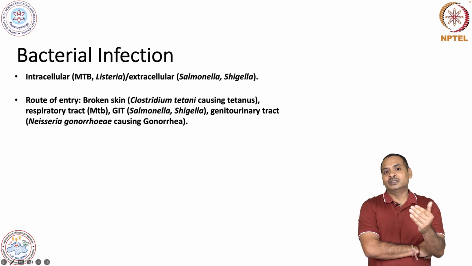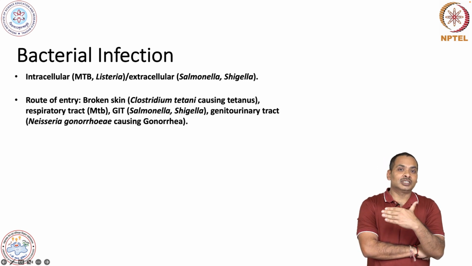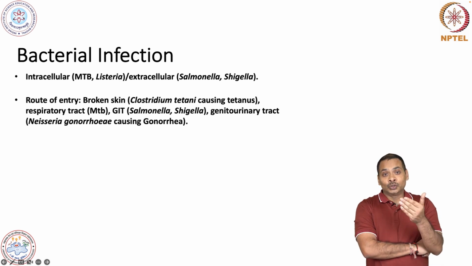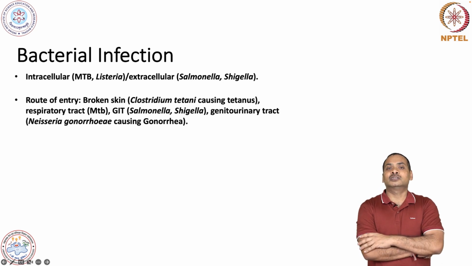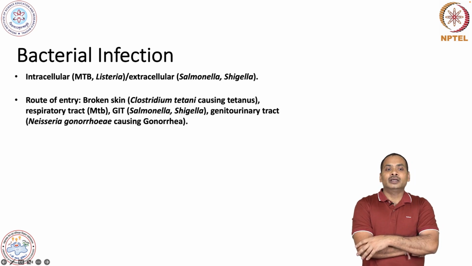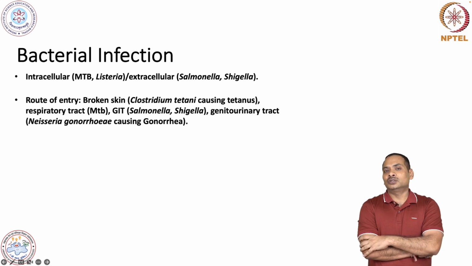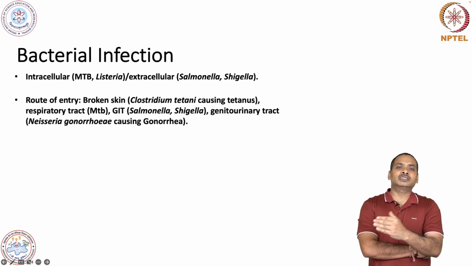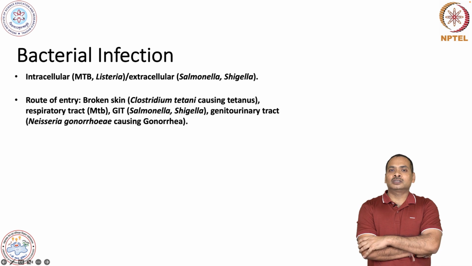There are so many viruses which can infect the host through this respiratory tract. To name a few, you have studied influenza, and you know very well SARS-CoV-2 is infecting through this respiratory route. Bacteria also can infect the host through this respiratory route, and one of the best examples is Mycobacterium tuberculosis infection.